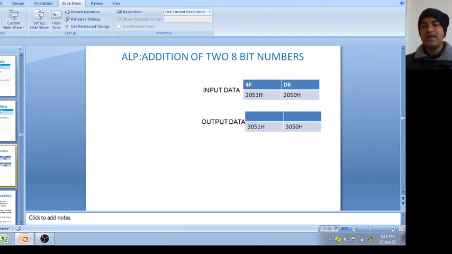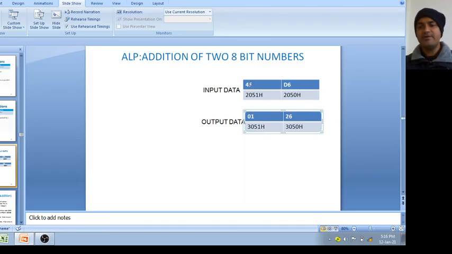What will you do? F plus 6, you have to add this. F plus 6 is 15 plus 6, it is 21, 21 minus 16 is 5... 6 with 1 carry. Then D plus 4, D means 13, 13 plus 4 is 17, 17 plus 1 is 18, 18 minus 16 is 2, and 1 carry, so 0, 1 is the carry.